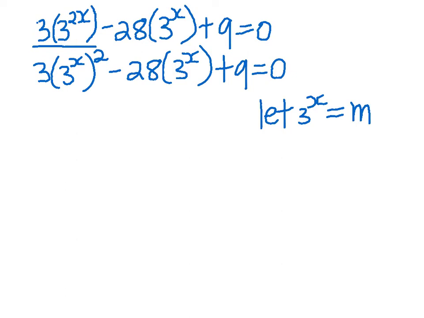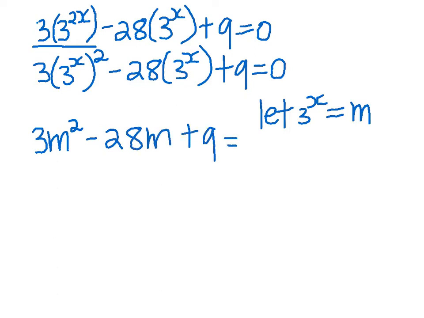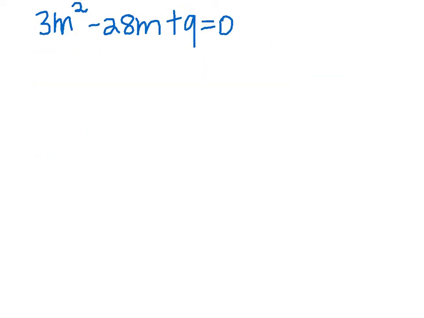So then we're going to substitute that back in, and we've got 3m squared take 28m plus 9. Okay, now we've got a really nice quadratic that we can actually go ahead and factorise in order to solve for m. And then once we've found m, then we will be able to find x.